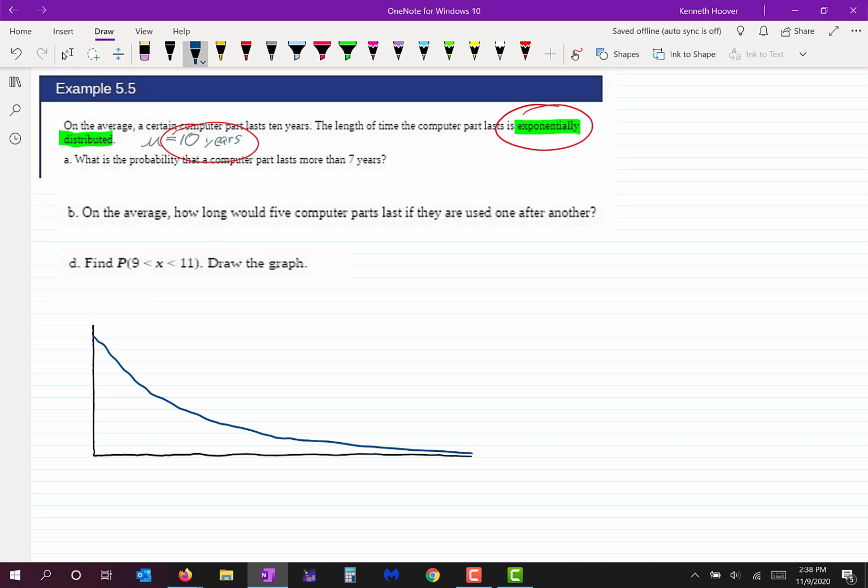The formula is, do you remember the formula? It's m times e to the negative mx. And what is m equal to? Remember, mu equals 1 over m, which means that m is 1 over mu. So in this case, m is 1/10.